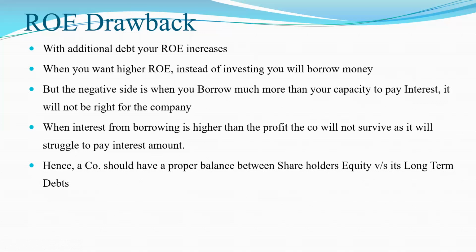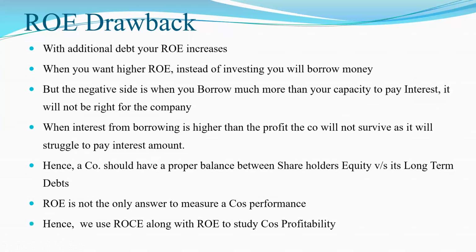In one of the YouTube videos, one of the big investors has mentioned, I don't mind taking PEG of 3. But today, that same investor will say it was not appropriate at that point of time. So ROE is not the answer to the performance of a company if the company is having a lot of debts. Remember this, ROE, if there is debt, do not use it. You should look at ROCE.